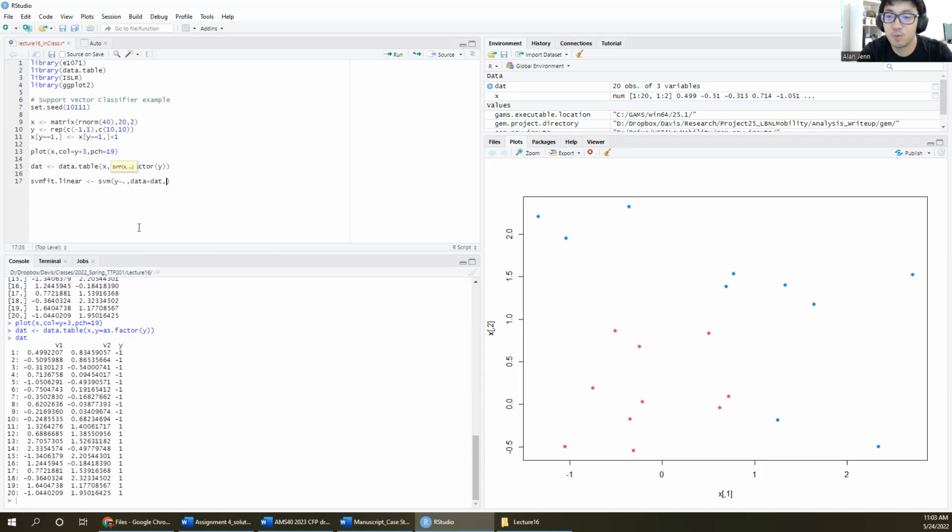You're going to be doing y on everything else, that's the period, coming from data. And in this case, we're going to do the SVC, support vector classifier, which is just a support vector machine with a linear kernel. I'm going to set the cost equal to 10. So that is our budget for how many points are allowed to violate the line.